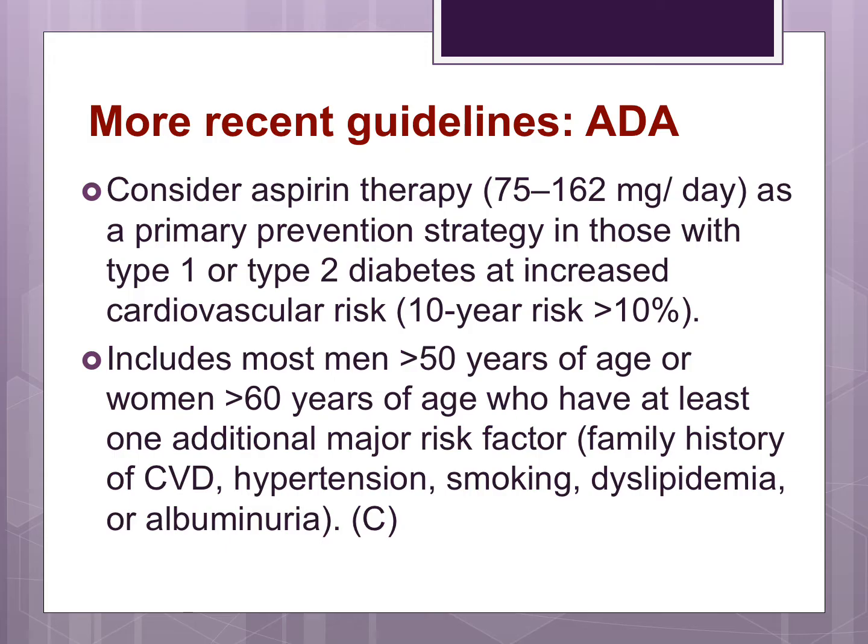And this includes not only this age group of persons with diabetes, but those who have additional risk factors like family history of CVD, hypertension, smoking, dyslipidemia, or even albuminuria in their urinalysis.